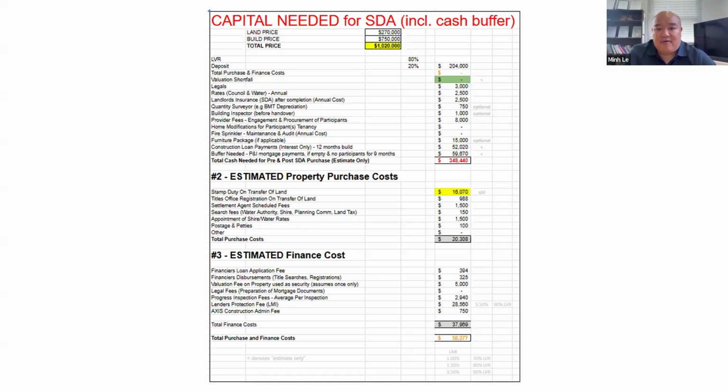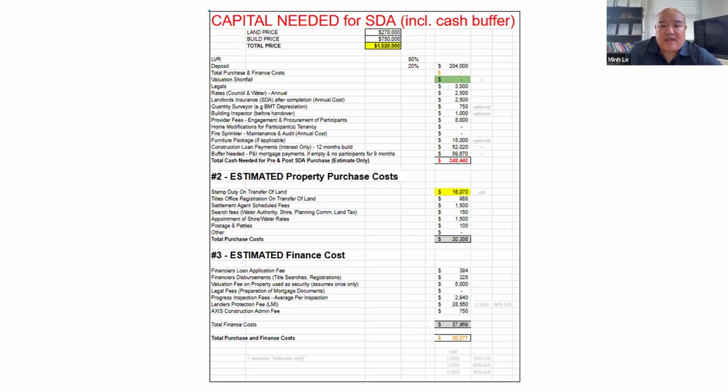This is our honest opinion as to what is required: deposit, LMI, cash buffers, provider fees. And look, this is not a calculator for the purposes of getting a loan or finance approval. This is what we think are all the costs required to prepare for your acquisition, your lending and purchase costs, right?